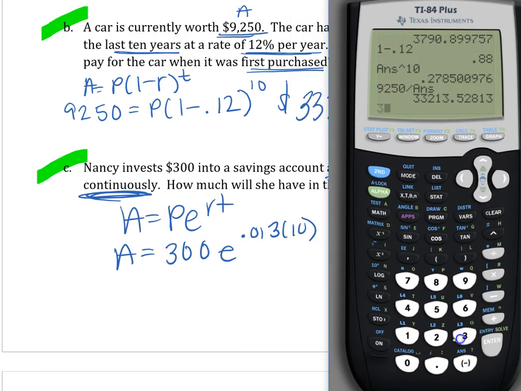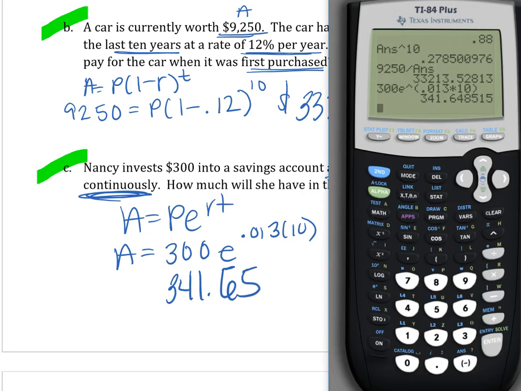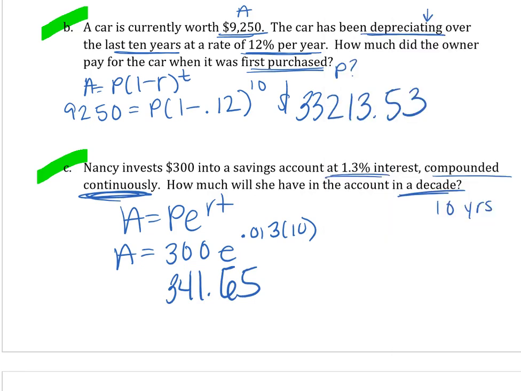Okay, so here I go. E is second division, raised to the 0.013 times 10. So 341.65. Yep. All right.